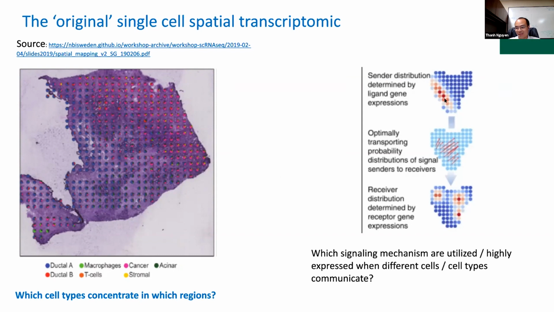For example, here we can see the ligand genes' concentration and predict the cell type producing ligands, and then see where they are in the tissues. And we can do the same thing with the receptor over here. And then we can form hypotheses of cell-cell communication signaling pathways.